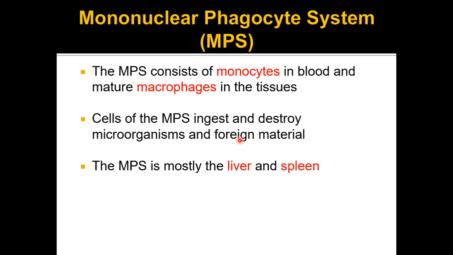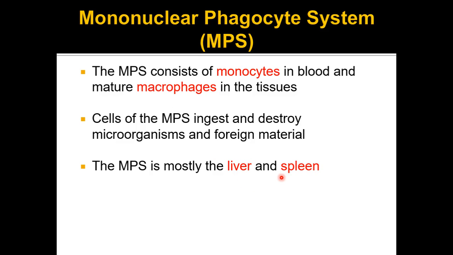Okay, now let's shift gears a little bit and revisit this mononuclear phagocyte system, or the MPS. Remember, this system is comprised of specialized macrophages that are found mostly in the liver and spleen. So I'm not saying that all macrophages are mostly found in the liver and spleen. I'm saying that in the MPS we've got specialized macrophages that reside in the liver and spleen.